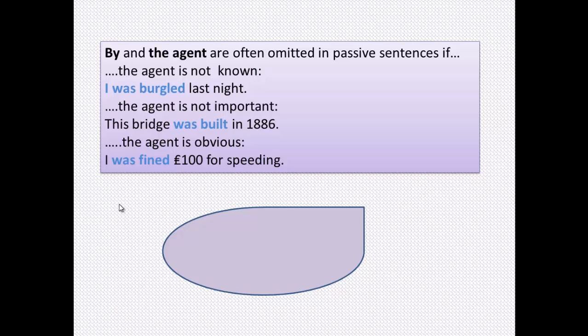If, number one, we don't know who is the agent, who is the doer of the verb, like I was burgled last night. Here, somebody burgled me last night, but I didn't know who he or she was.